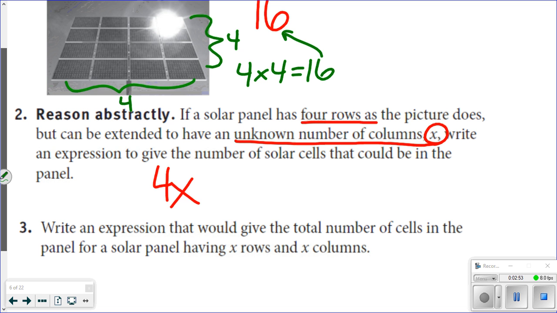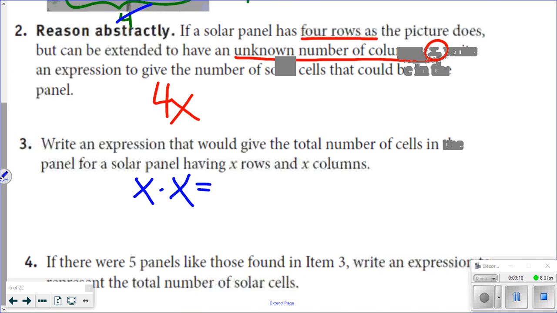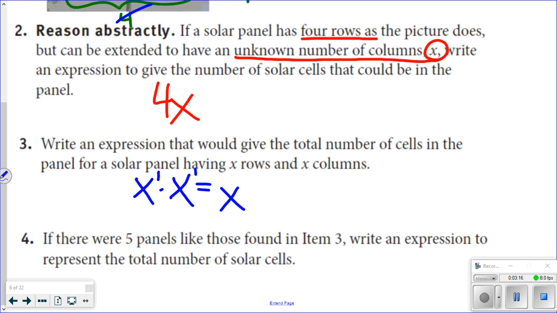So what if we didn't know the number of cells? So if this, instead of being a 4, was an x, we're going to multiply x times x, which is, think about our exponent rules. There's a 1 and a 1. X times x is x squared.